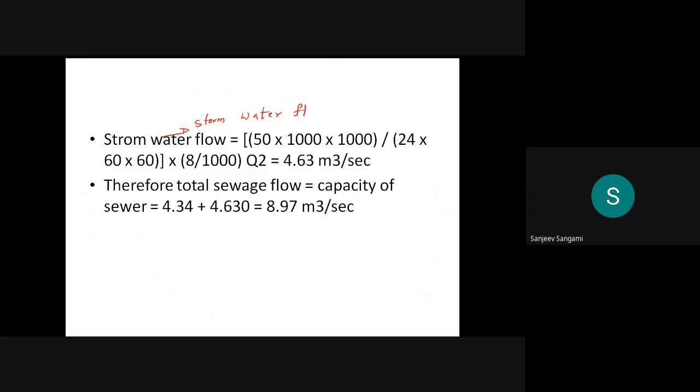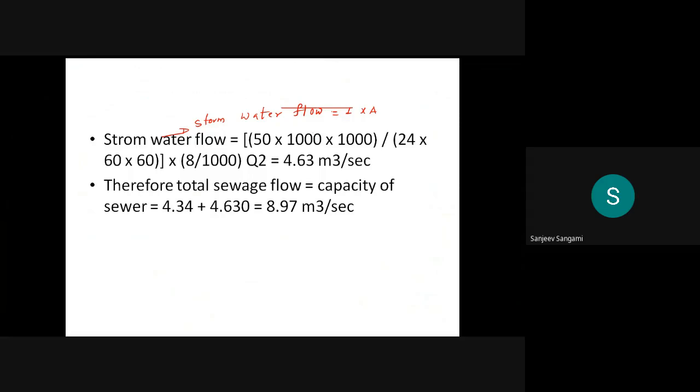Stormwater flow can be calculated by multiplying the intensity of the rainfall, that is I, multiplied by the area.